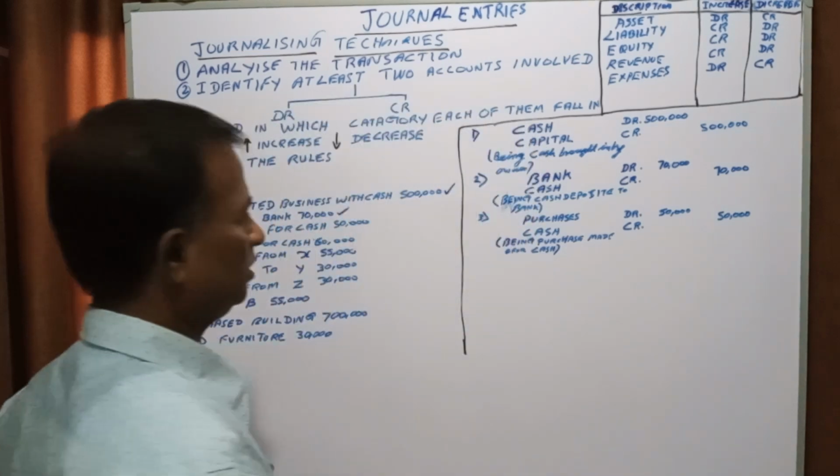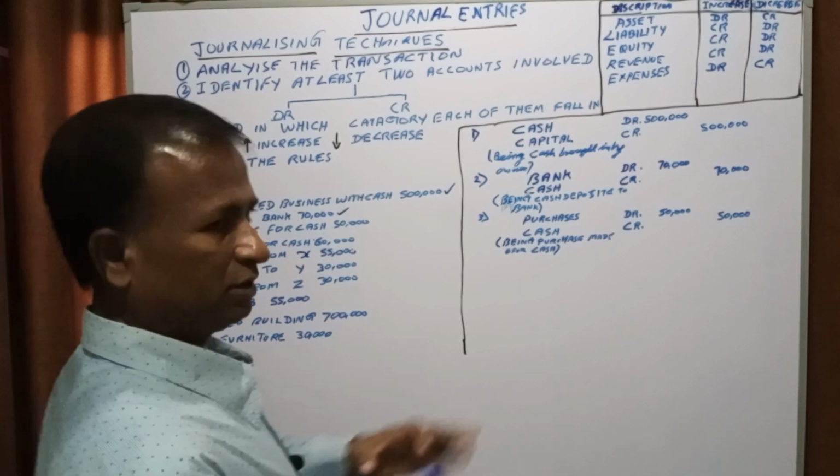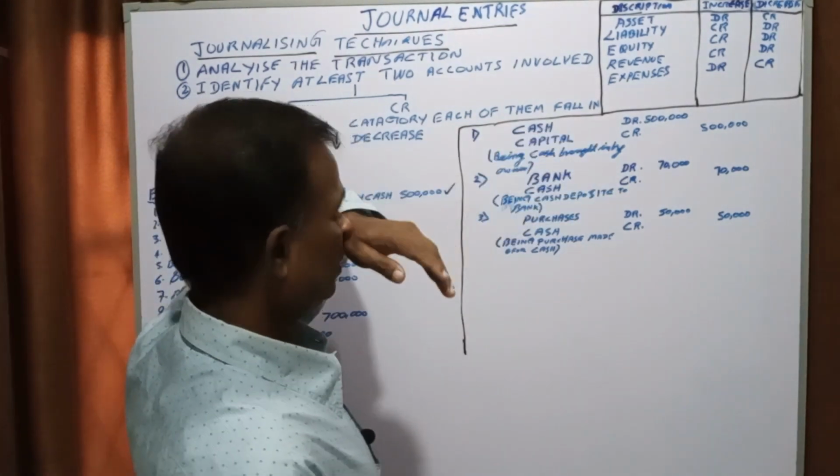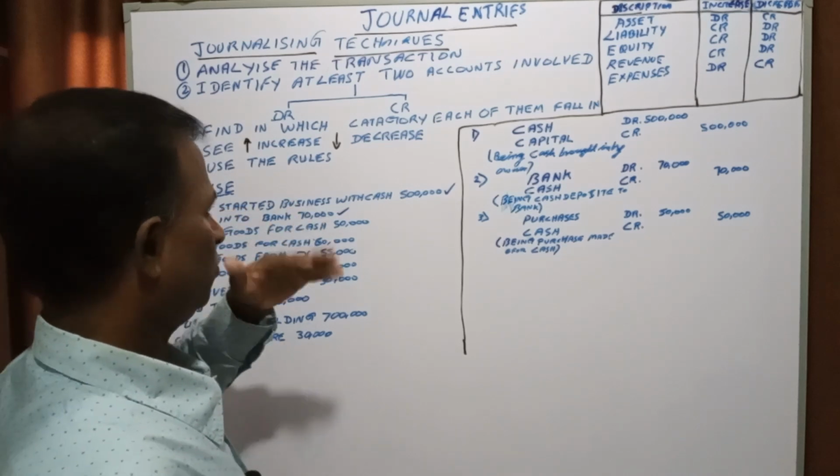This adjustment is being purchases made for cash. Okay. First of all, I will do the same explanation. Dravid, I will give more explanation.